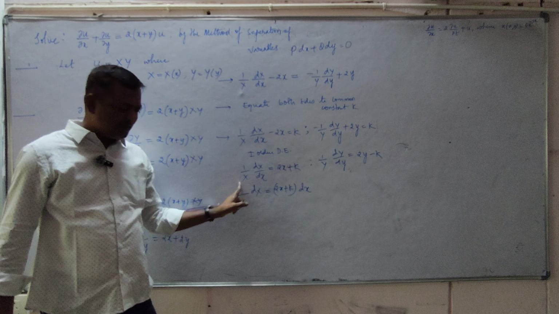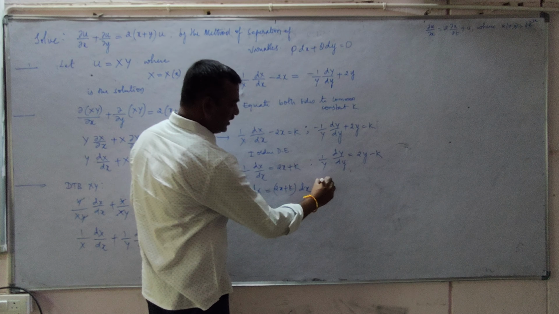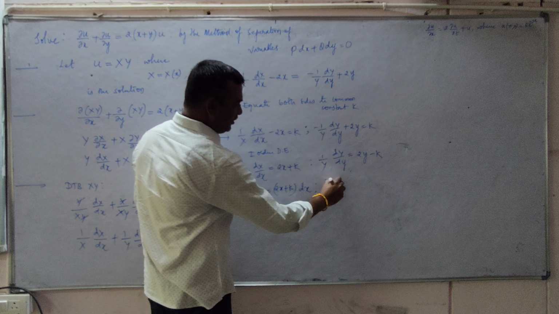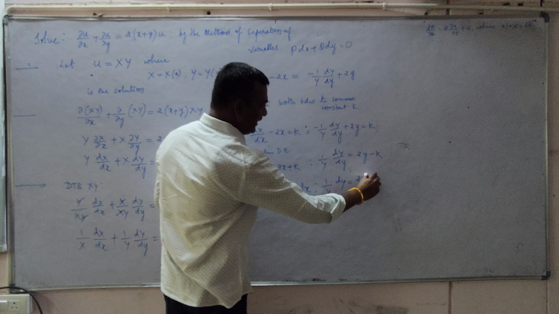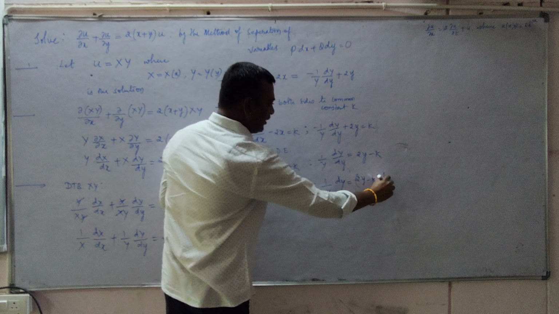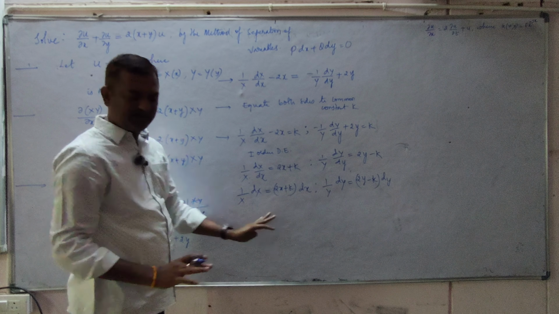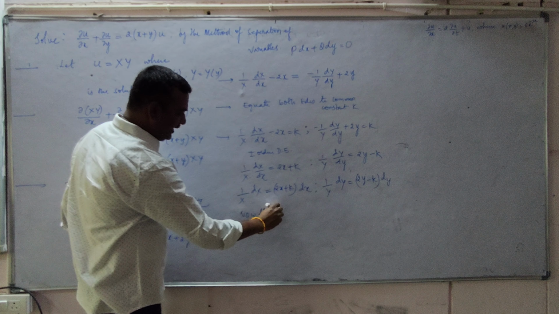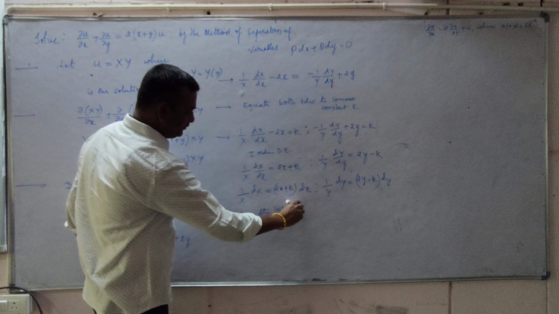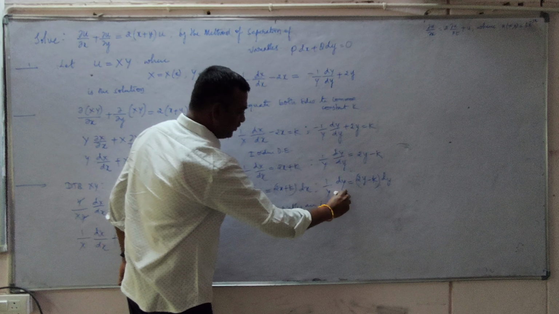The dX coefficient is 1 by capital X. Similarly here also, 1 by capital Y into dY is equal to 2y minus k into dy. Now the variables are separated.